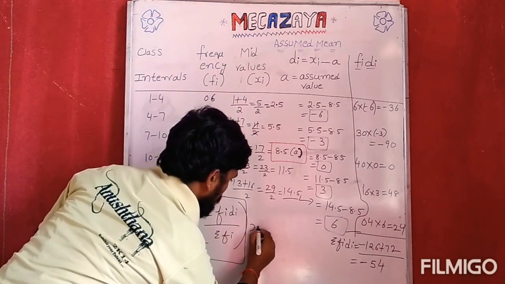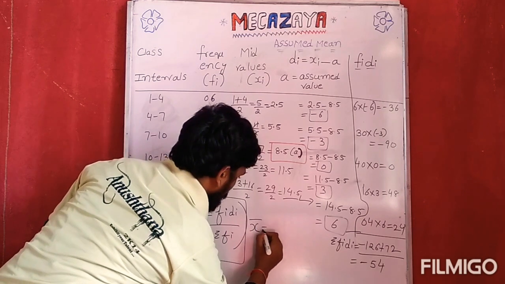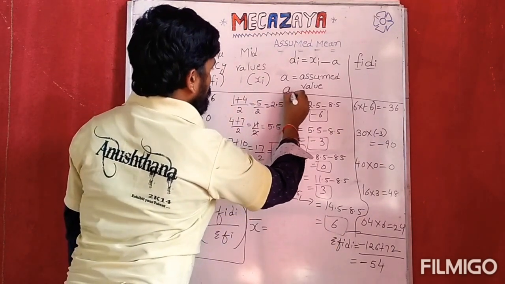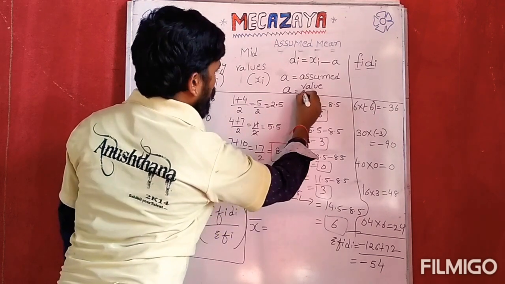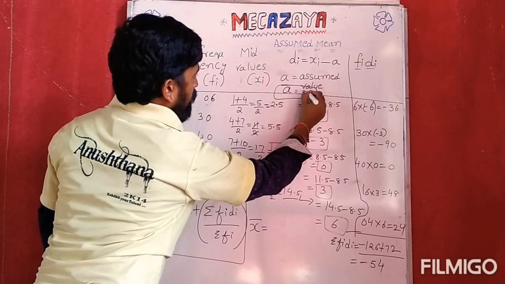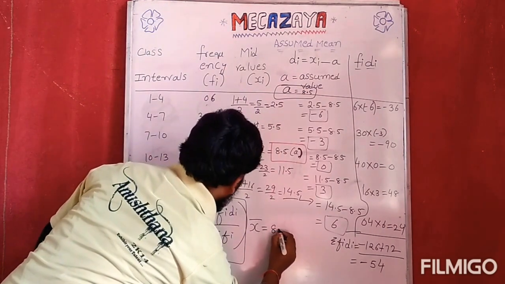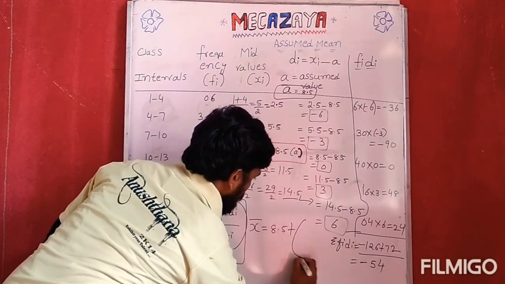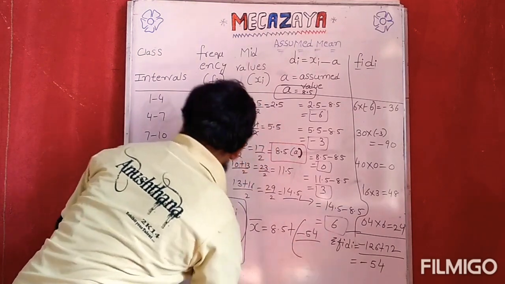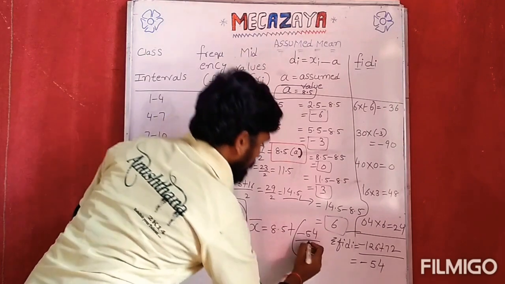Now I am substituting here. The mean can be written as x bar. So x bar equals A, and we took A equals 8.5. So 8.5 plus sigma fi di, which is minus 54, by sigma fi, which is 96.